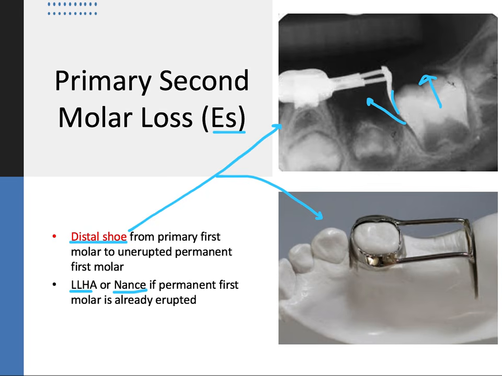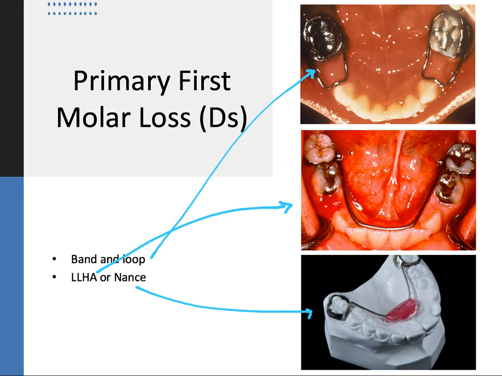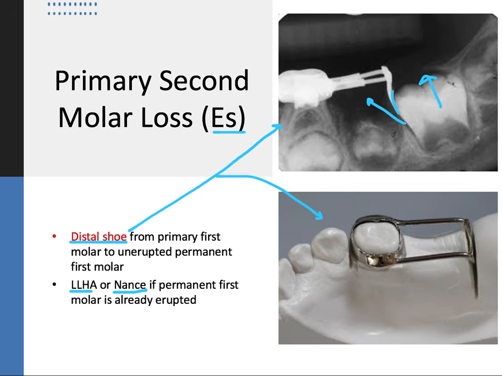You might be asking, well, why don't we just use a band and loop except reverse? So instead of having the band and loop on the E, like in this picture, we would just put it on the D and have it facing the opposite direction. Well, a band and loop would not work because once the primary first molar exfoliates, there's no abutment tooth holding that space maintainer in.